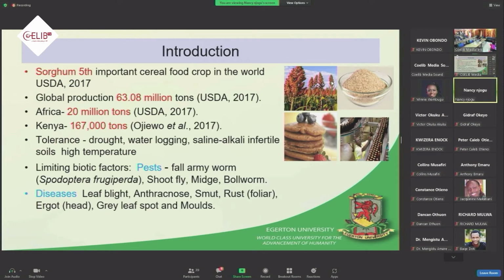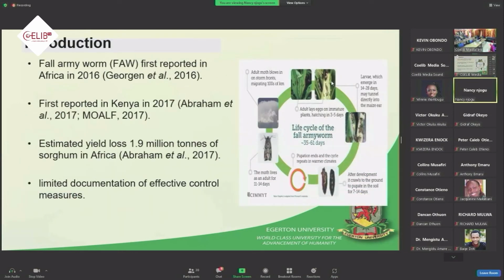My concern today is the pest fall armyworm, which was first reported in Africa in 2016 and in Kenya in 2017, and it's causing enormous loss in cereal crops. As of now, there is limited documentation of effective control measures, especially in sorghum.